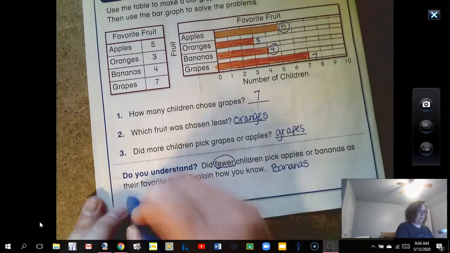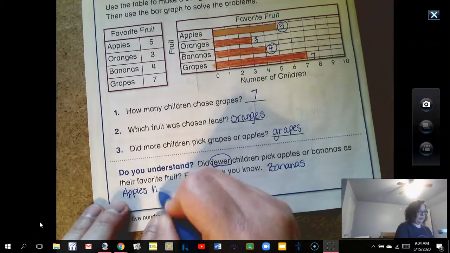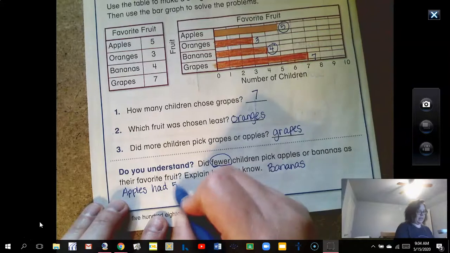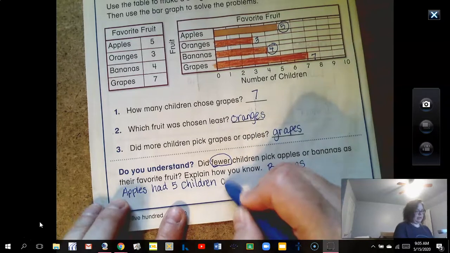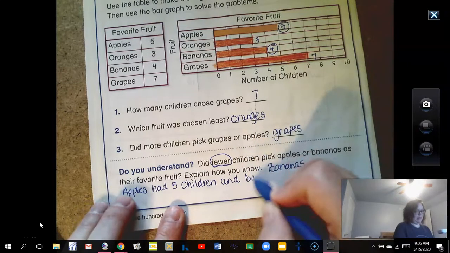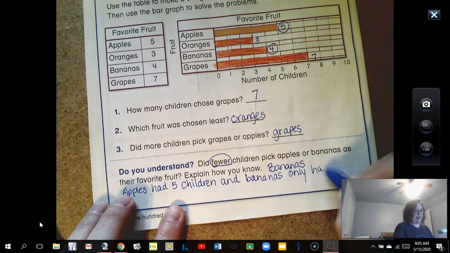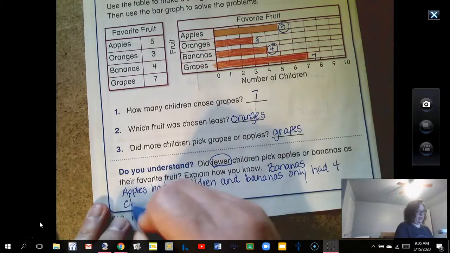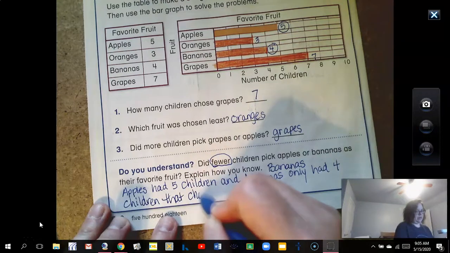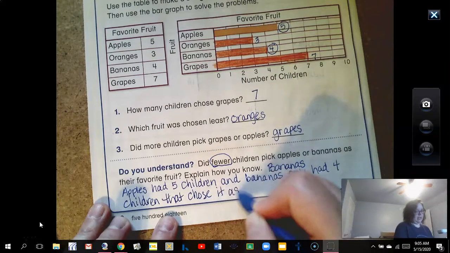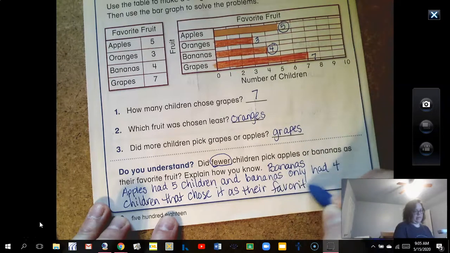So we can say apples had 5 children and bananas only had 4 children that chose it as their favorite.